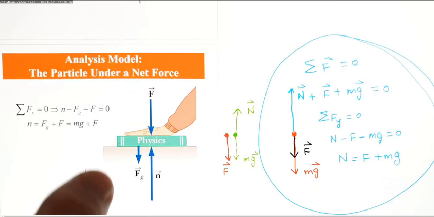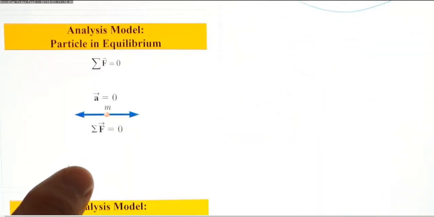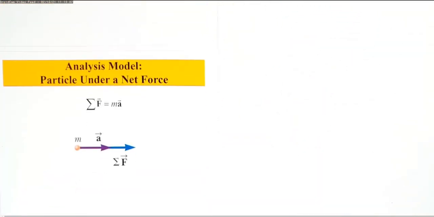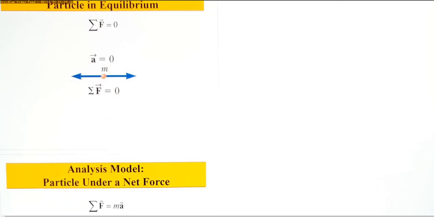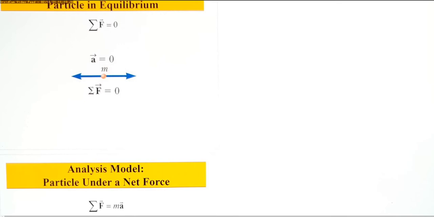طيب, let's take another situation. So this is the first situation, that summation of force is equal 0 and velocity is equal 0. So the object is not moving. It's an inertia frame of reference because acceleration is equal 0.